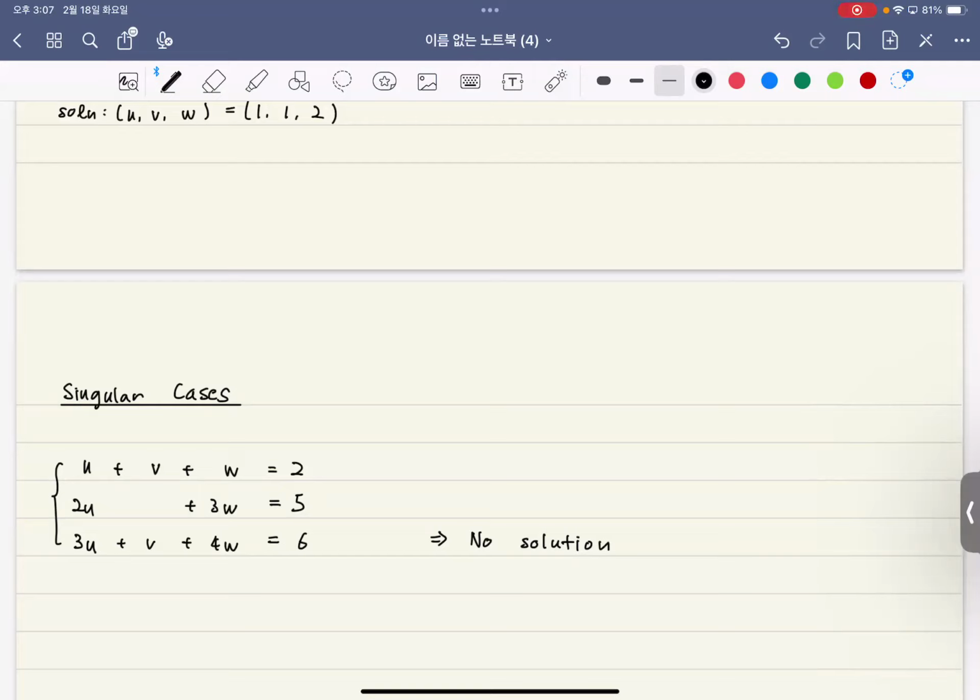According to the row picture, each of these rows can be translated to a 2-dimensional plane in 3-dimensional Euclidean space, right? And having no solution means there is no common intersection point of these 3.